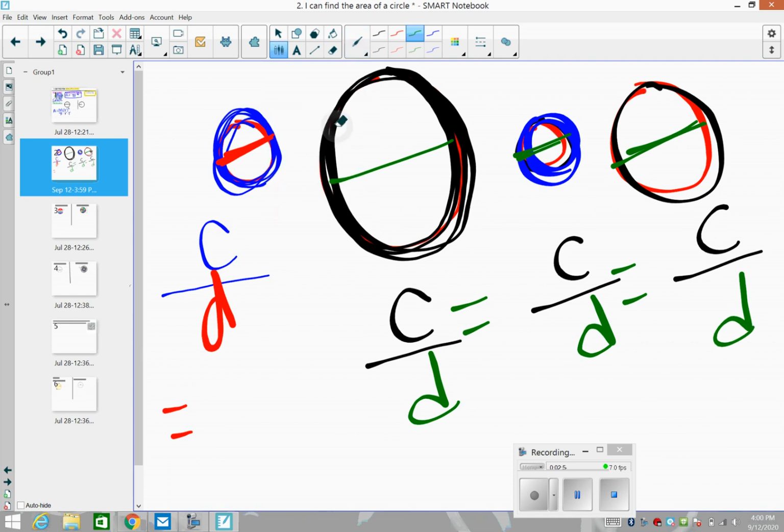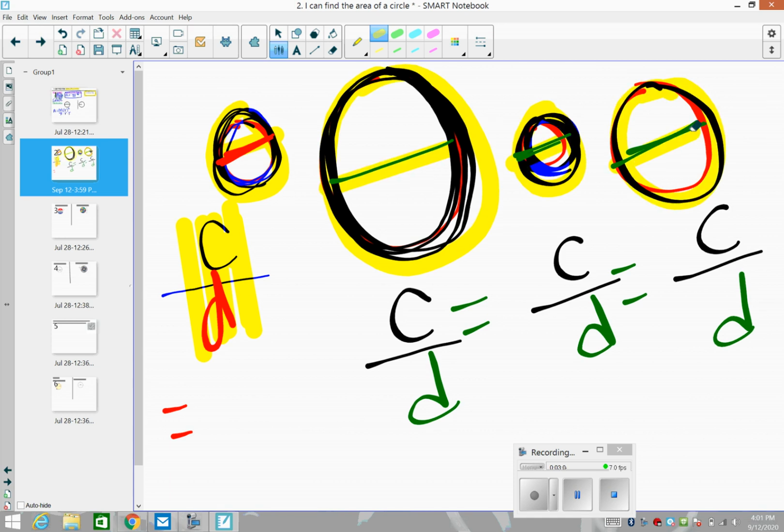Every single time they did that, the circumference divided by diameter, it didn't matter the size of the circle.